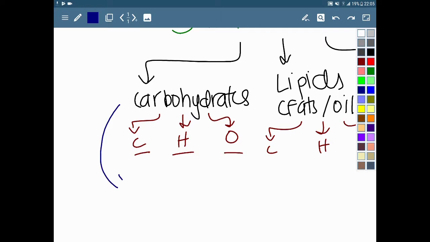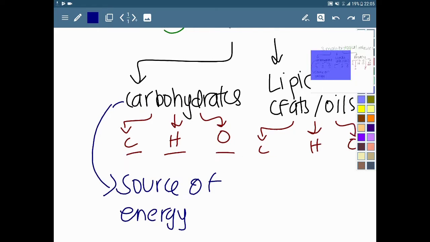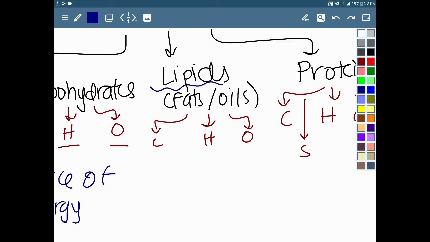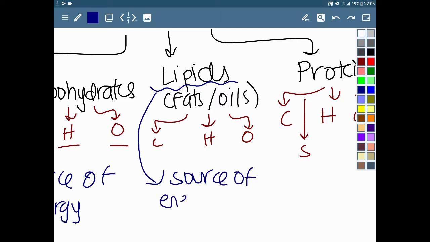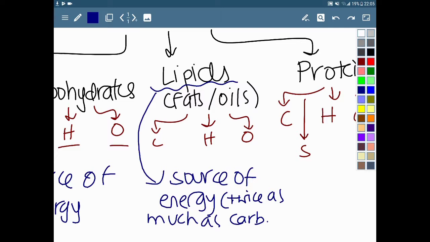So about carbohydrates, it is a source of energy. To be on the safe side, just memorize all of these. Lipids, they are also a source of energy, but they give twice as much as carbohydrates.